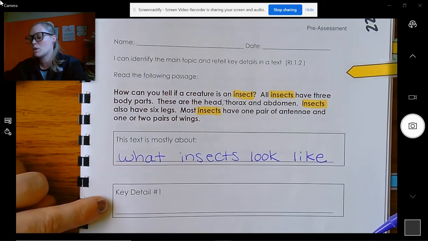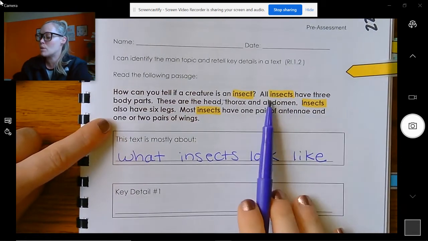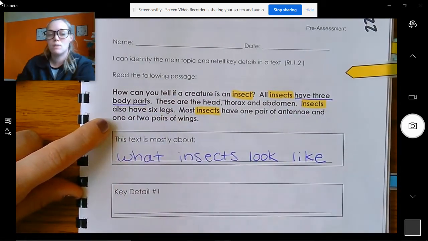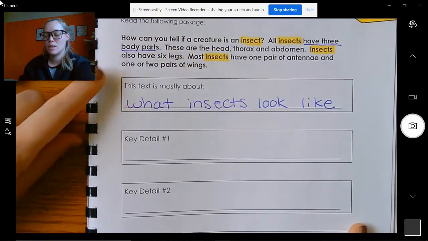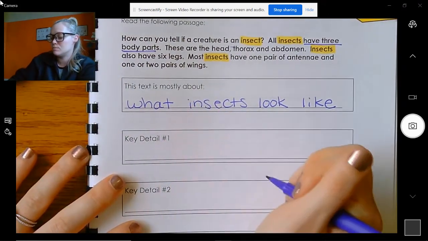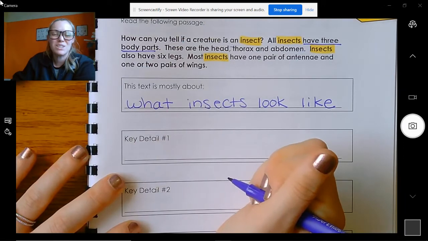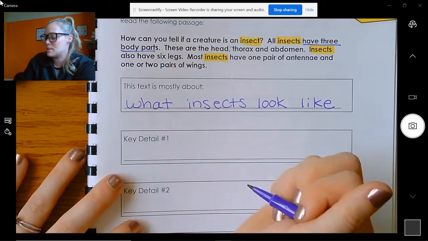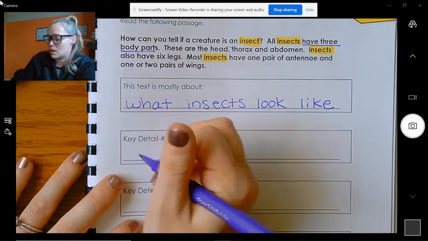Then I'm going to think about what are the key details. Well, it's important to know that they have 3 body parts. So my first key detail, and you don't have to write in complete sentences if you don't want to, but I'm going to. So I'm going to say they have 3 body parts.